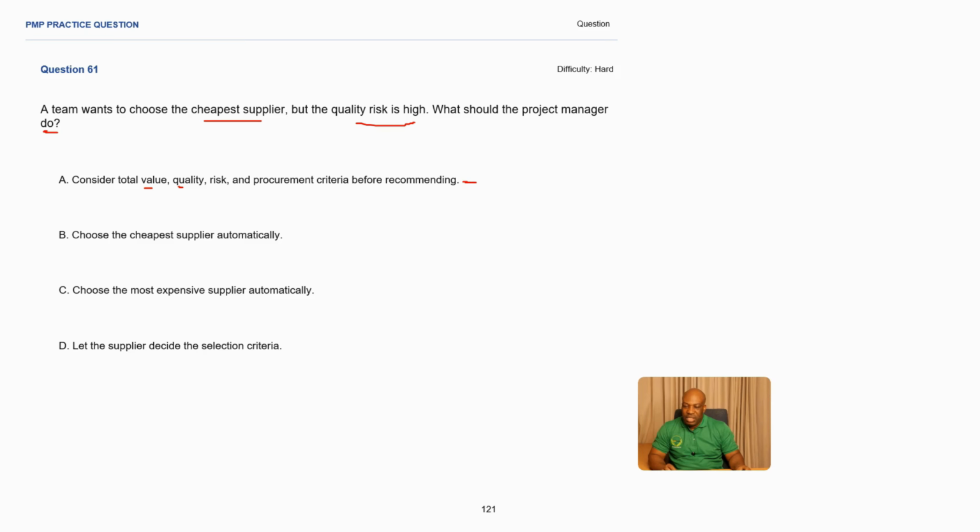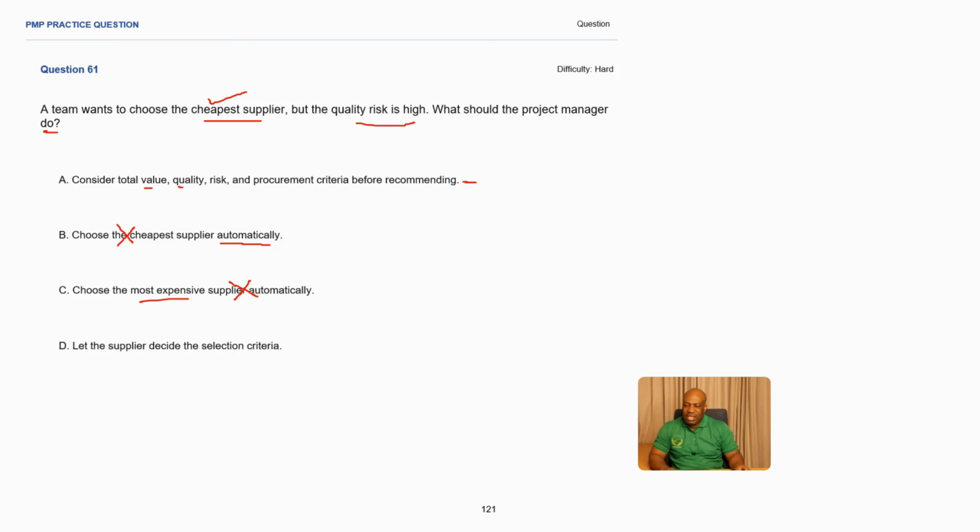B, choose the cheapest supplier automatically. As a project manager, you don't do things automatically. There must be some human intervention to assess the situation, making this one incorrect. Then C, choose the most expensive supplier. All right, the team is asking for the cheapest supplier, so as a project manager, you cannot just go and choose the expensive supplier, making this one incorrect.